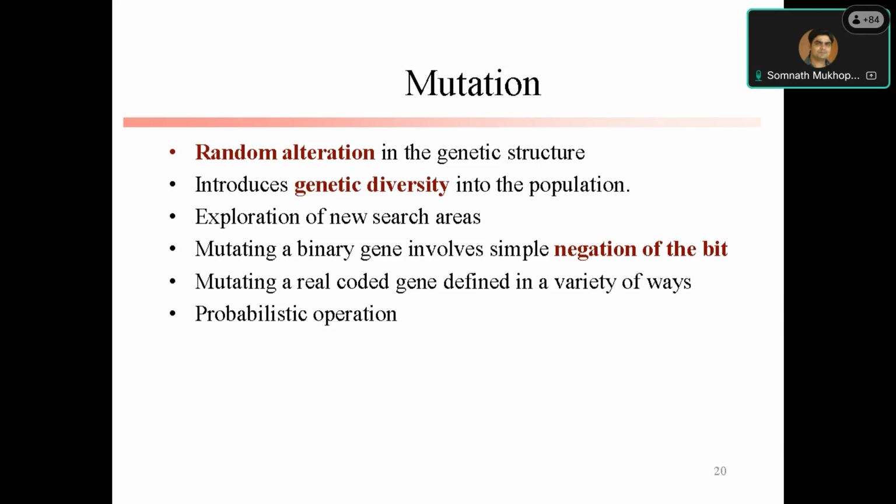Because particle swarm optimization has a very good strength in finding local optimal solutions, or the best solution in a particular region, in a particular topology. But to find solutions in the unexplored search area, the mutation operation is very useful.